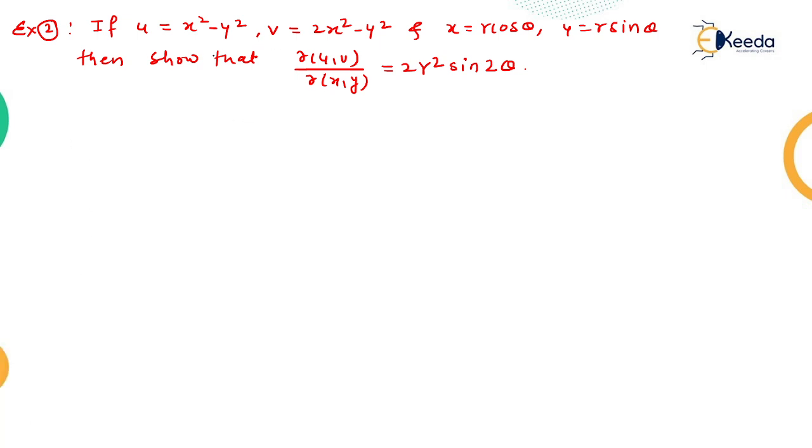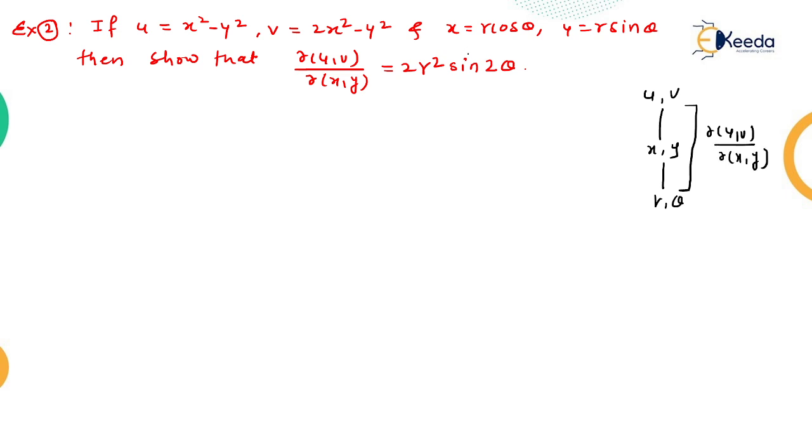Just observe this. What is here? You are given first that u and v are the two functions, right? And these are two functions of x and y, and both x and y are functions of r and theta. So you have to just find out the Jacobian of u, v with respect to x, y.